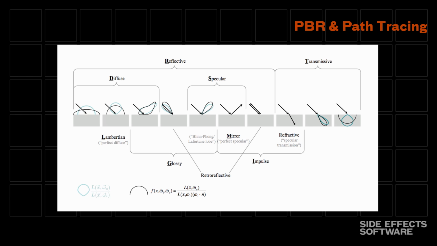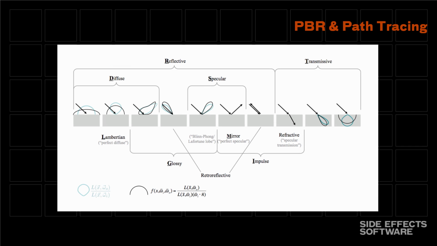On the left-hand side, we have broad BSDFs that reflect light in almost uniform directions around the surface integration point. You can see the little black arrows indicating the incoming direction of the light, and the blue arcs depicted are the actual response function of the BSDF.